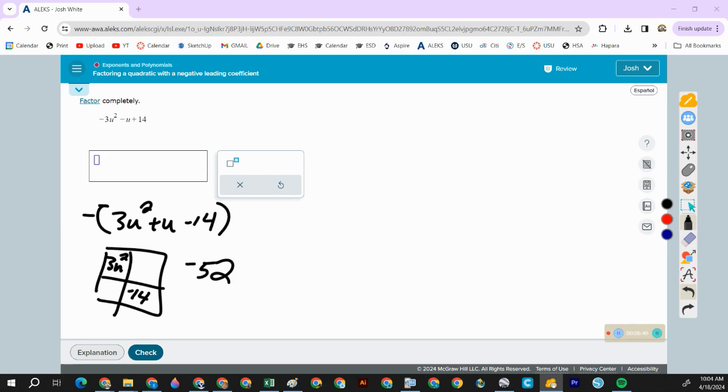Factors of 42 that add to be 1 would be 7u and negative 6u. So we pull out a u, and we get 3u plus 7. We pull out a 3u, and we get u minus 2. So my factors are negative u minus 2 and 3u plus 7.